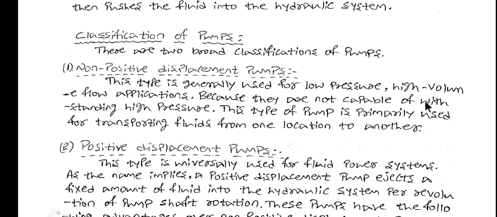Because they are not capable of withstanding high pressure, this non-positive displacement will not withstand high pressure. Non-positive displacement pumps are primarily used for transporting fluid from one location to another. As I told you, here we are going to transport fluid from one location to another. The other example of non-positive displacement pump is axial propeller pump.